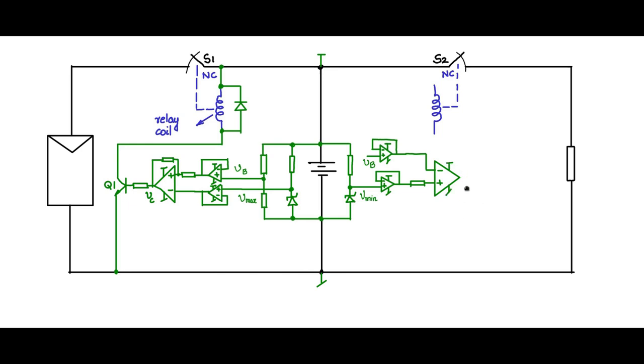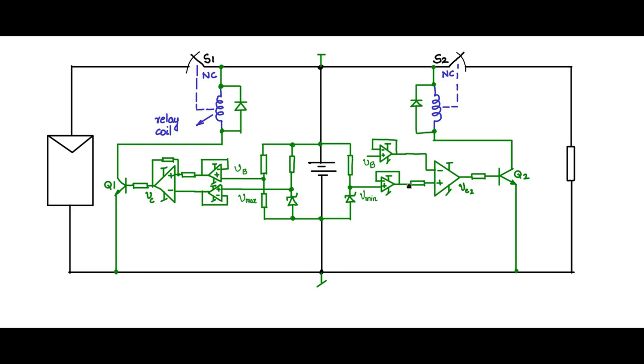The comparator is powered by the battery, and its output is given to a BJT, and as before, the BJT collector is connected to S2's relay coil, and you call this Q2 and this is VC2. Don't forget to put a freewheeling diode across the relay.